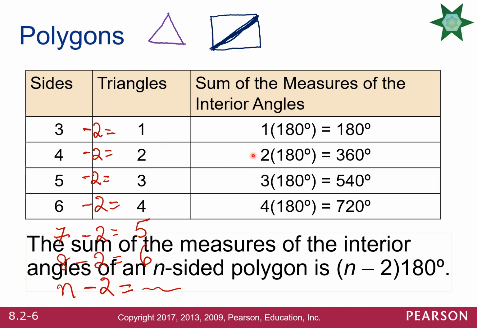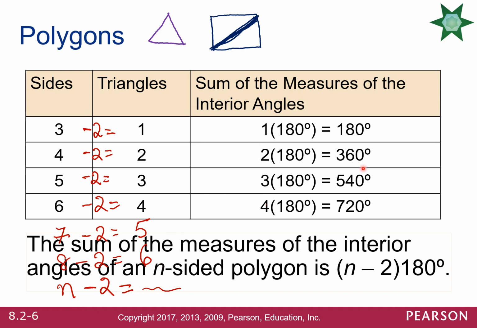So it's 2 times 180 degrees. For five-sided figures, 3 times 180 degrees, 540 degrees. Six-sided, 4 times 180 degrees is 720 degrees. Again, these multiples are the same as the number of triangles. And what was the formula we came up with through deductive reasoning to calculate the number of triangles from the sides? It's n minus 2.